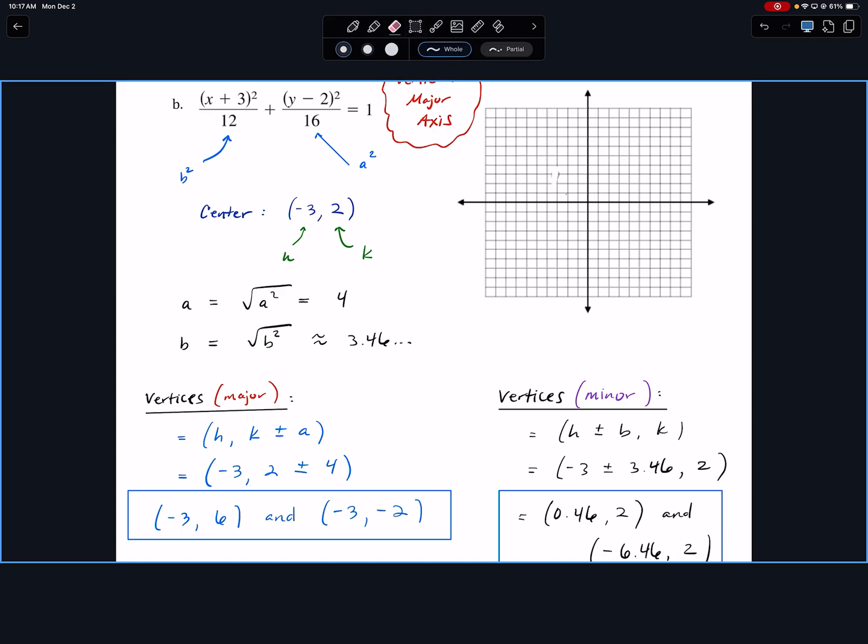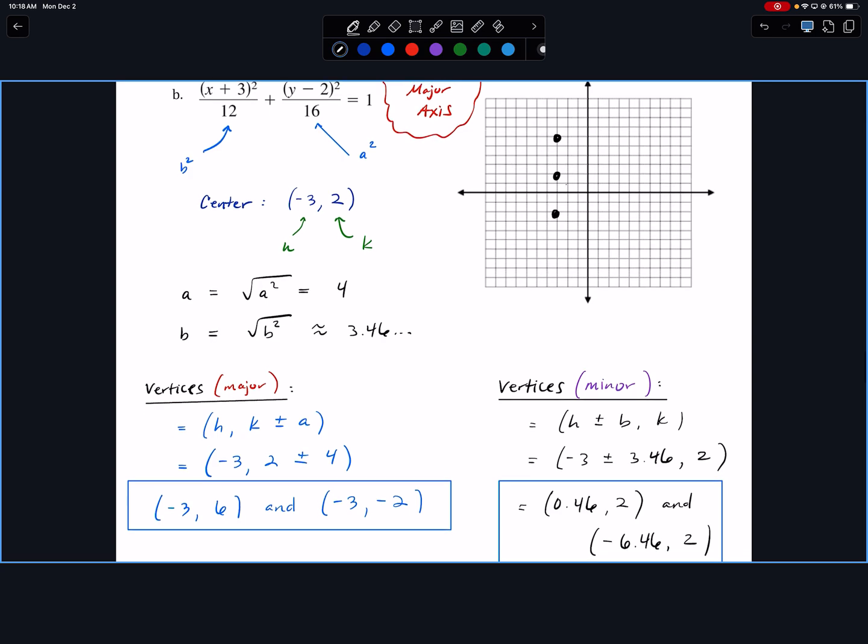Wait, that's off. 1, 2, 3, 4. 1, 2, 3, 4. And then our minor, so 0.46, that's kind of close to a half, right? Comma 2. So something like this. And then -6.46, comma 2. So something like that. It looks something like that.